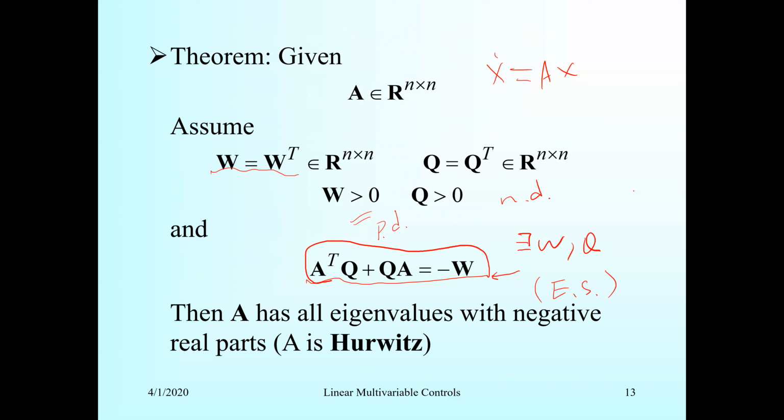And there is no eigenvalue at the origin or on the imaginary axis, because this is strictly decreasing. So we can say in the end, V dot is strictly less than 0.